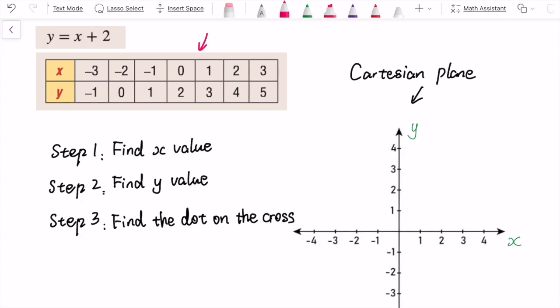Now we are going to use this table to find out the graph. Let's look at group 1. Step 1, find out the x value. The x value is -3, which is here. Step 2, find out the y value, which is here, -1.